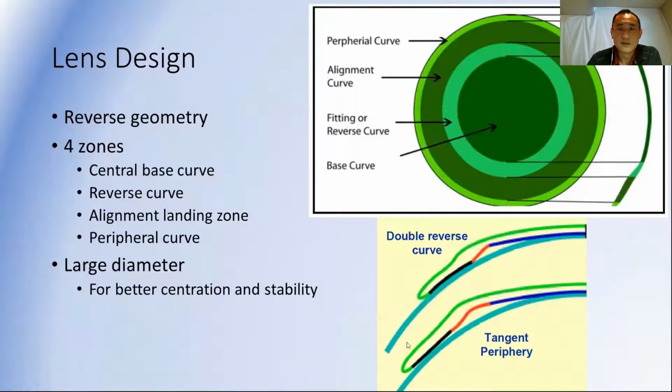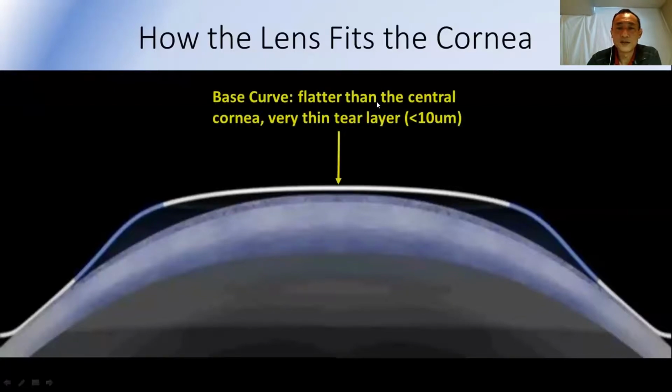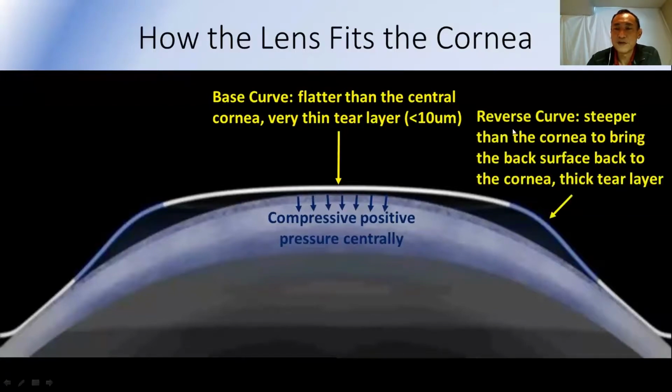All right, so here we go. We already looked at this, how the lens fits the cornea. We want the base curve to be flatter than the central cornea, with a very, very thin tear layer, maybe less than 10 microns of clearance there. And that creates a compressive positive pressure centrally. And then in the reverse curve area, it's steeper and further away from the cornea. That creates a negative pressure that pulls the cornea out.